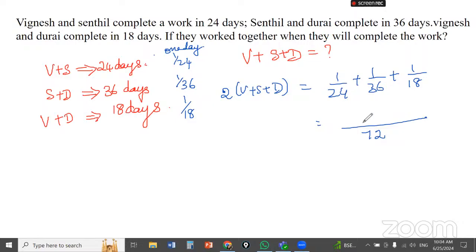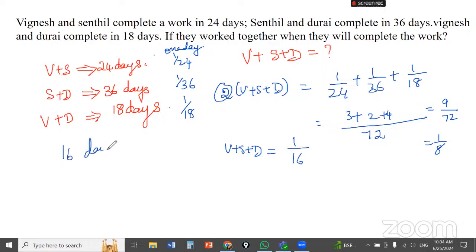So this is 3 plus 2 plus 4, that's equal to 9 upon 72, which is nothing but 1 upon 8. So we have a 2 here. This 2 goes to the other side in division. So V plus S plus D, all 3 of them together, would be 1 upon 16. So totally, they'll complete the work in 16 days.